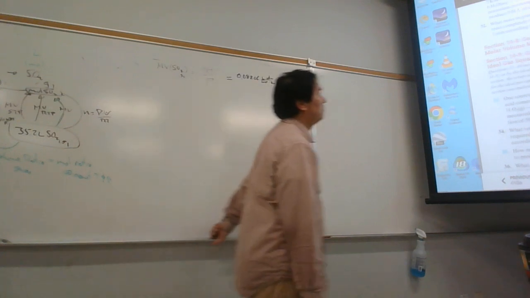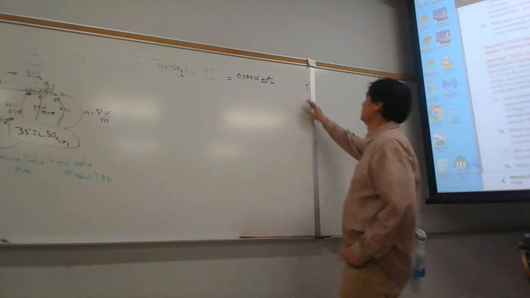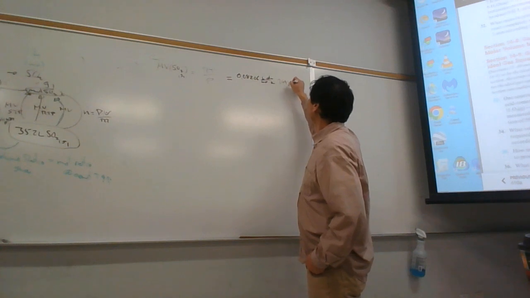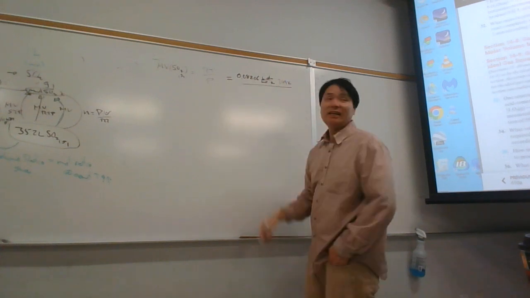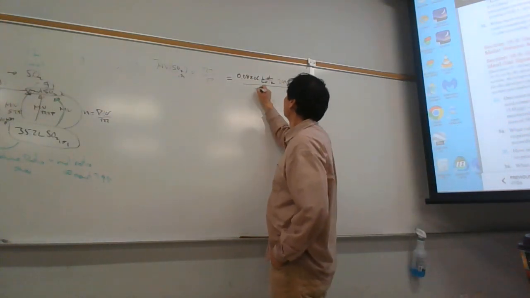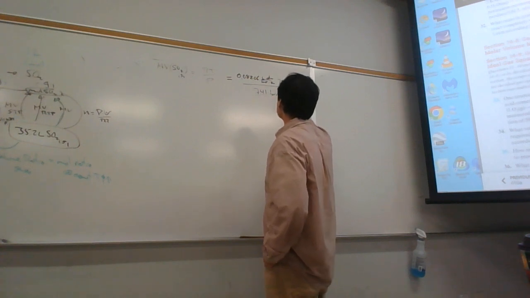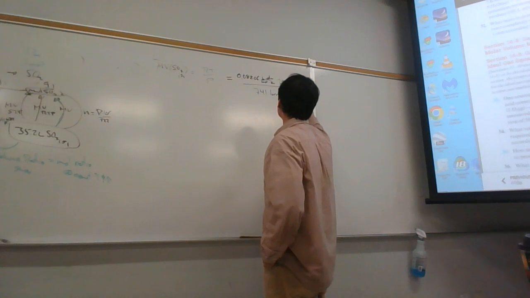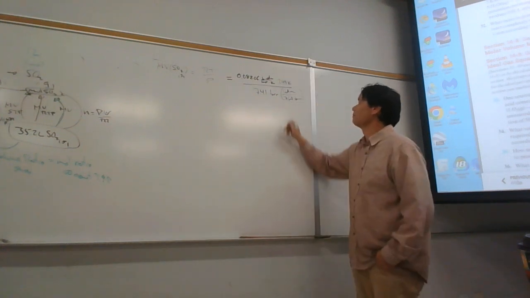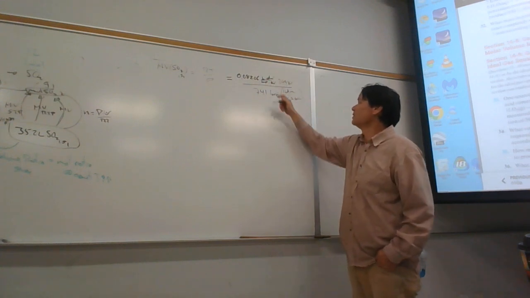T is 26 plus 273, 299 Kelvin. P is 741 torr, and we're going to convert that to atmospheres. 1 atmosphere is exactly 760 torr. Torr is the same thing as millimeter of mercury. And so the torr cancel, the atmospheres cancel, the Kelvin cancels, and that gives us liters per mole.